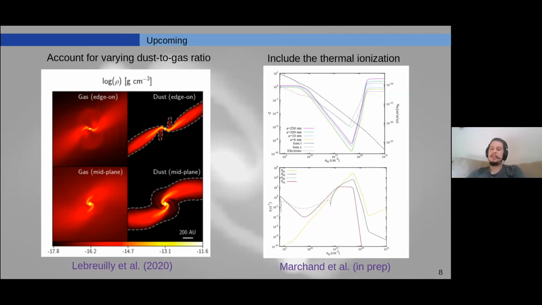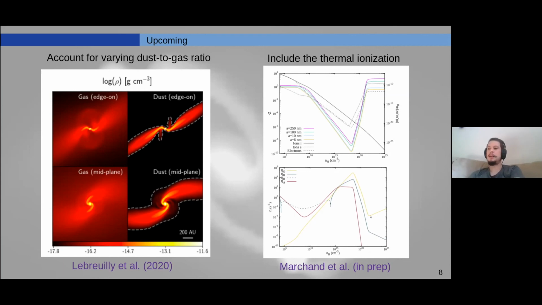Also, a work in progress is the inclusion of the thermal ionization of species in the fast ionization model. The thermal ionization is very important because, especially in disks or in the formation of the protostar, where you can reach temperatures larger than 1500 K, the thermalization creates a lot of charged species, a lot of ions and so electrons, which make the non-ideal MHD resistivities drop by several orders of magnitude.